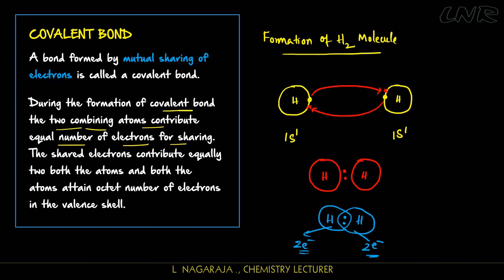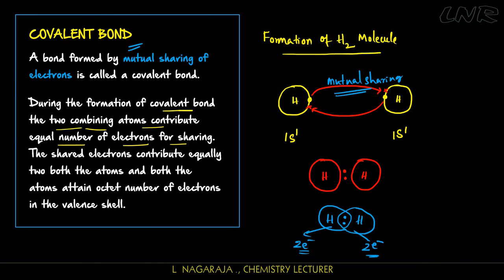So the bond is formed by the mutual sharing of electrons. By the mutual sharing of electrons, a certain force of attraction is formed between the atoms. That force of attraction is called a chemical bond.